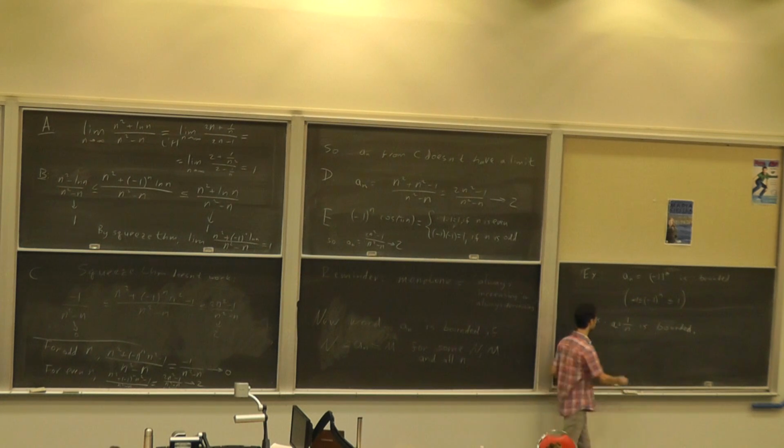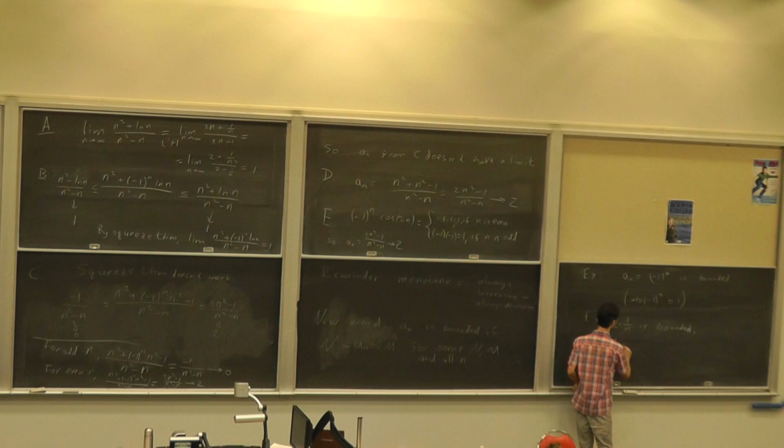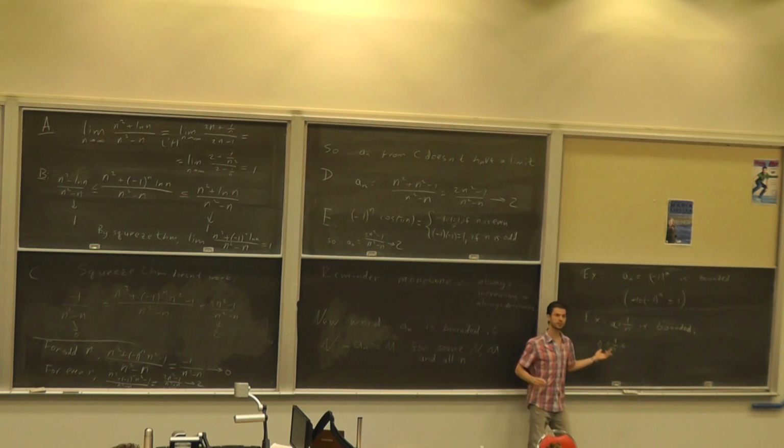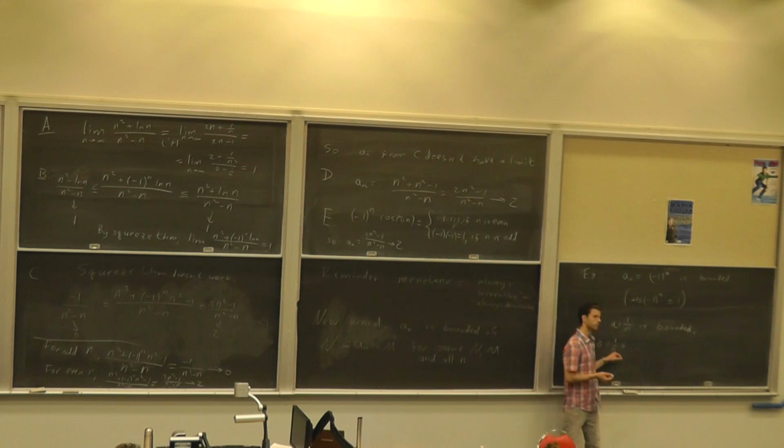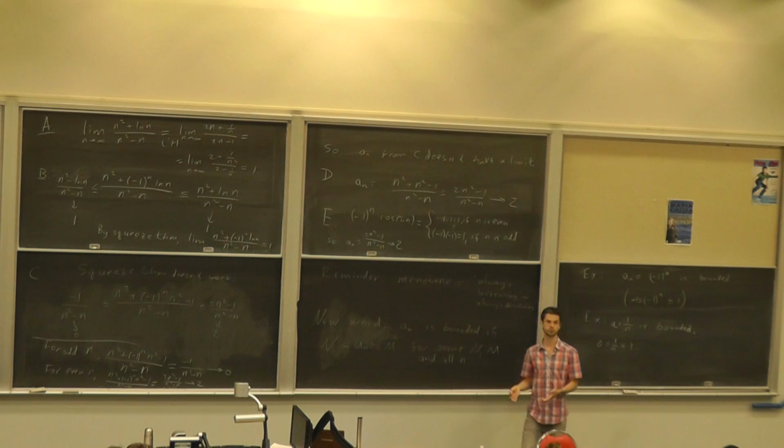This one is bounded. Well, 1 over n is always positive. That's one simple observation. Another one: n is a natural number, so it must be at least 1. So the quotient is at most 1.